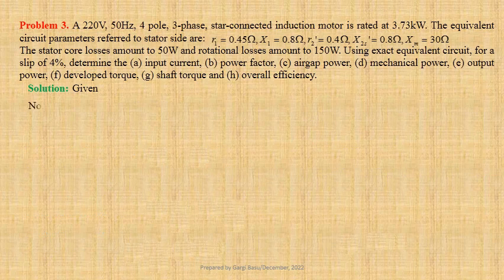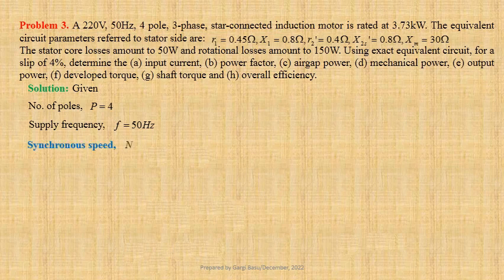Given number of poles of the machine P equals 4 and supply frequency f equals 50 Hz. Let us now calculate synchronous speed. Ns equals 120 f by P. Using values we get 120 into 50 divided by 4, that is equal to 1500 revolutions per minute.